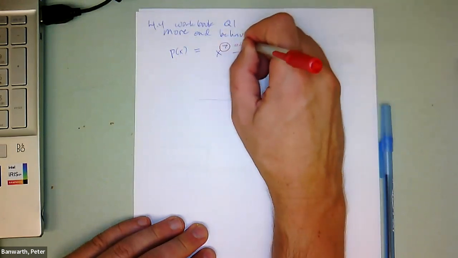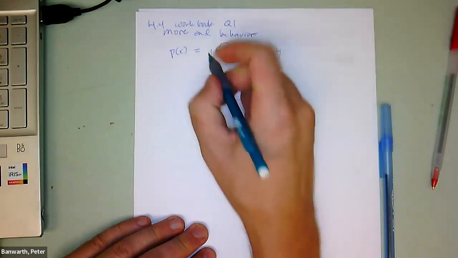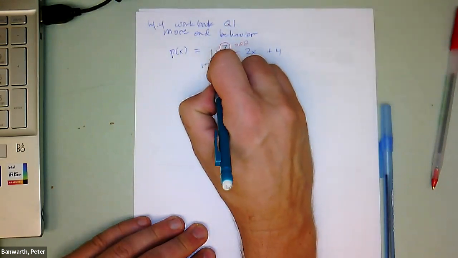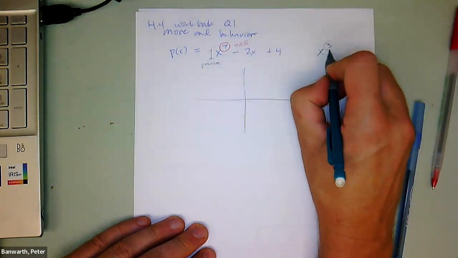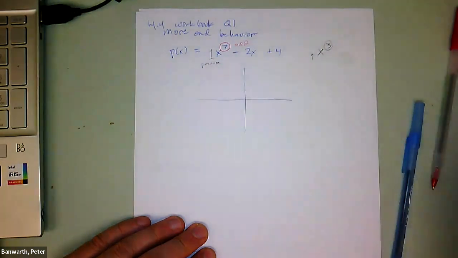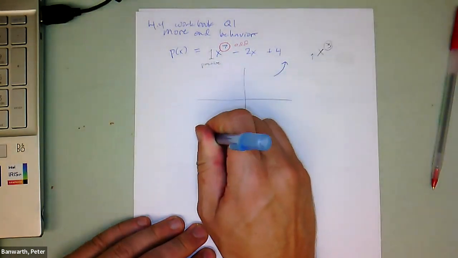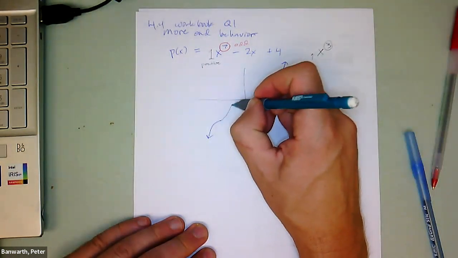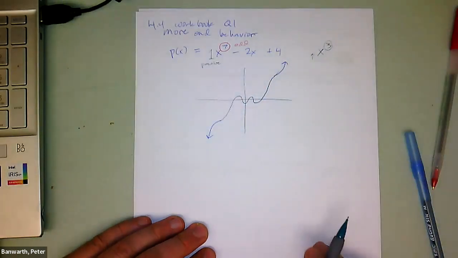That's odd. And is the leading coefficient, which in here is a 1, positive or negative? It's positive. So I know it's going to look like x cubed, which has an odd power and a positive coefficient. So at the end of the day, it's going to look like this in its end behavior. There might be a lot of business going on, who knows, but it's going to end up looking like that.